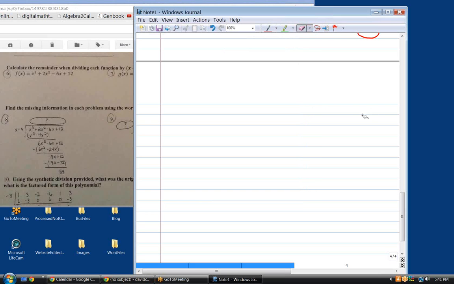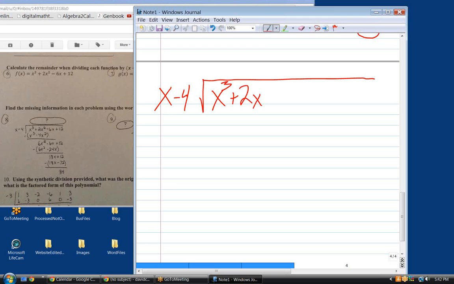Well, finding the missing information is the same as this problem up here, except we're dividing by x minus 4 instead of x minus 3. So the first one would be... You don't even need to pay attention to any of this stuff down here. Just duplicate it.